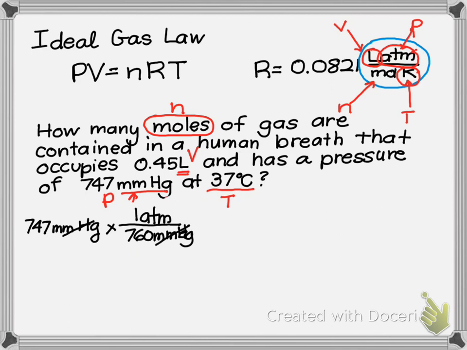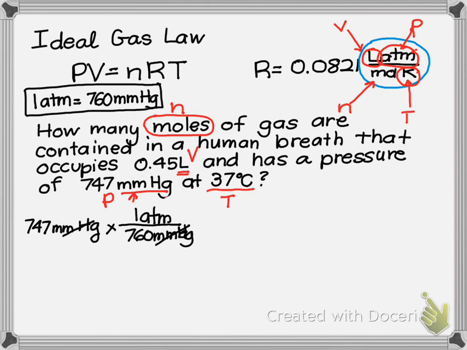I'll write that conversion factor up here in case you need it in the future. It would also be in your textbook, or you could even look online. So that's the relationship between millimeters of mercury and atmospheres. So it's going to be 747 divided by 760, and to 3 significant figures, I get 0.983 atmospheres. Okay, so now I have my units in atmospheres, which is what I need to solve this problem.